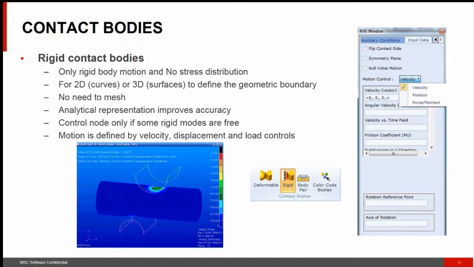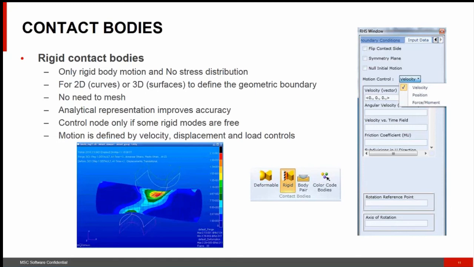NURBS are mathematical representations of a geometry. These analytical methods are very advantageous because they lead to better accuracy in the representation of the geometry, especially when it comes to curved surfaces. So it gives you more accurate calculation results, and also a better representation of the surface normal.